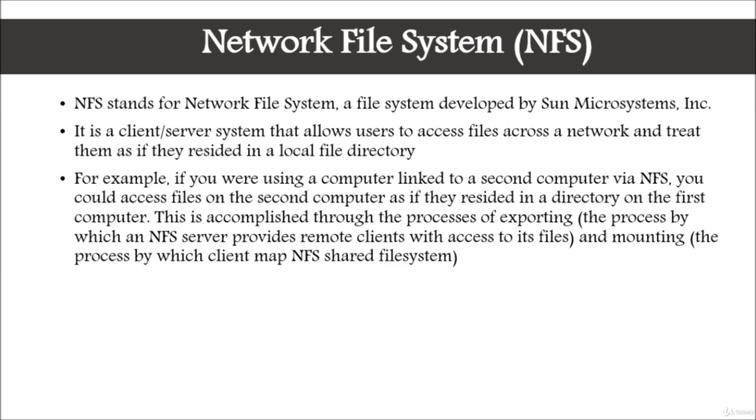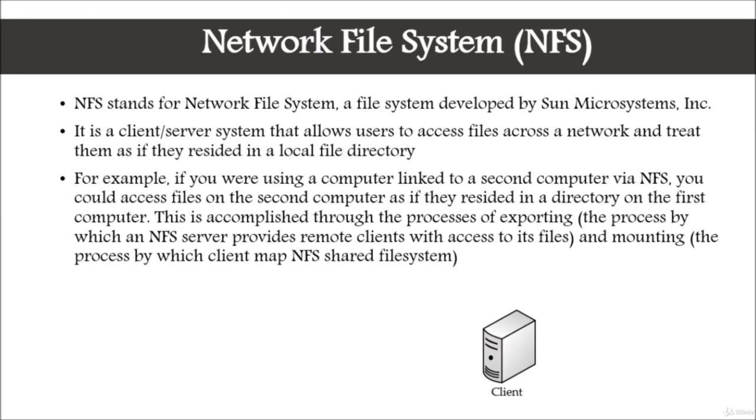Okay, so now let me show you real quickly through the pictures, through the diagram, because a picture speaks a thousand words, right? So you have a machine, a computer. Nowadays it could be Linux, Unix or Windows. This machine wants to attach a file system that is being shared from another computer.